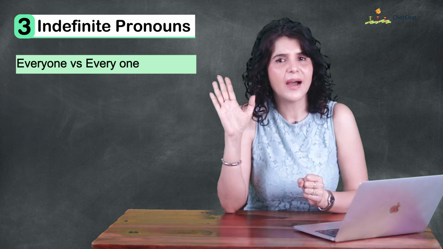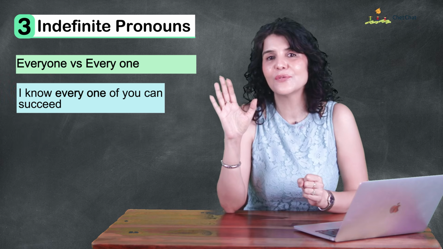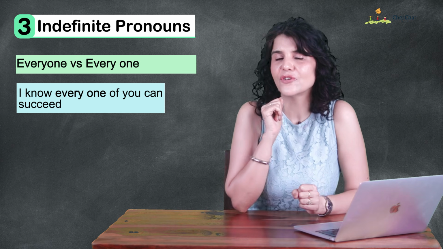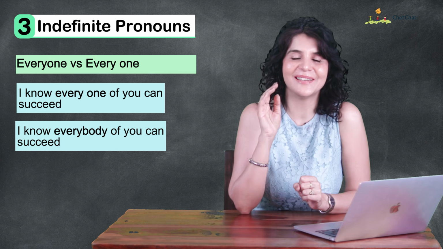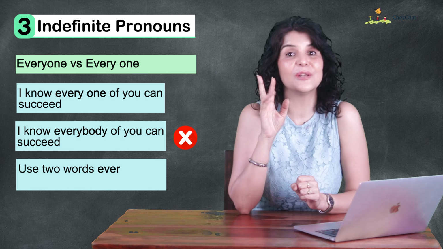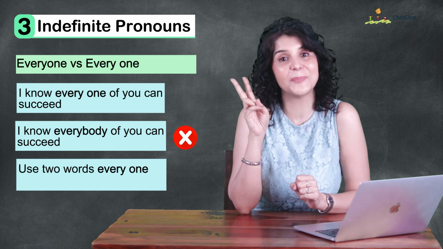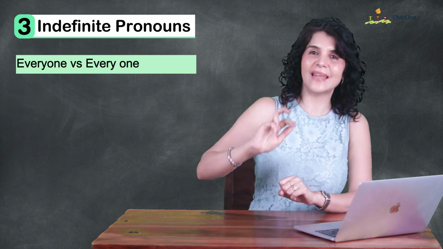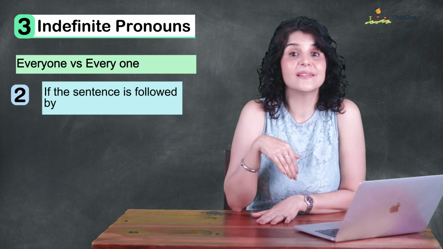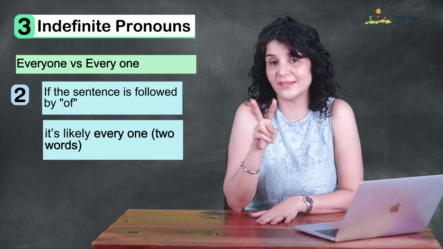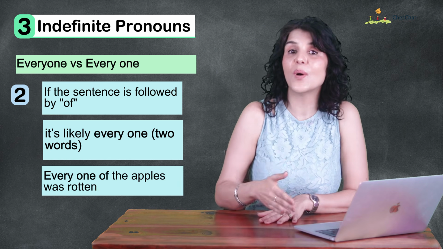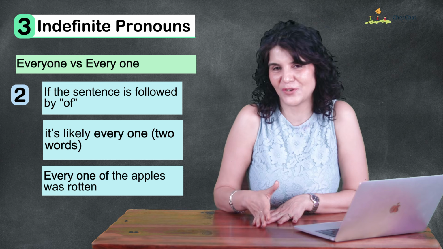What about, I know every one of you can succeed? If I try to say, I know everybody of you can succeed, it is wrong. So, we will use two words, every space one. The second hack, if the word is followed by of, it's likely every one, two words. Example, every one of the apples was rotten.